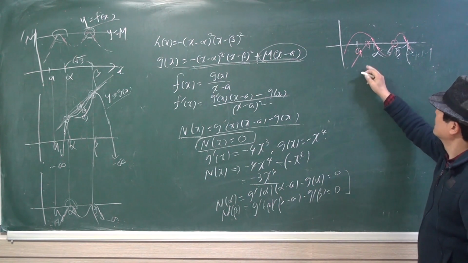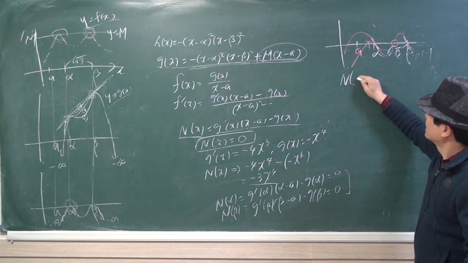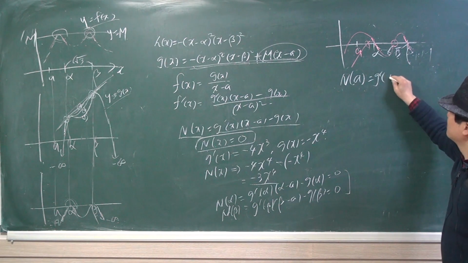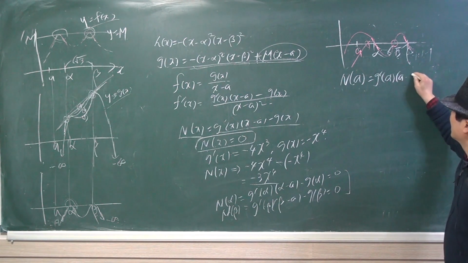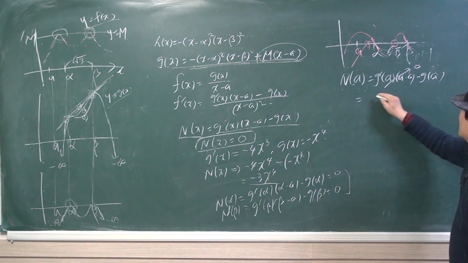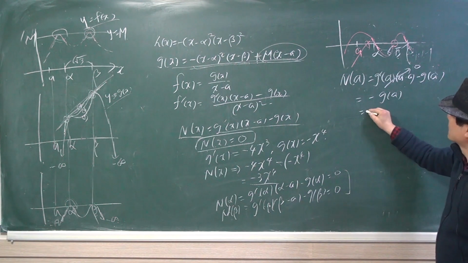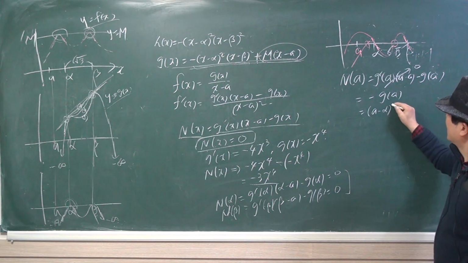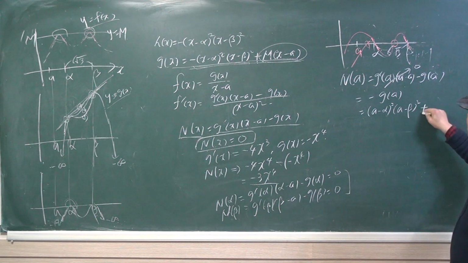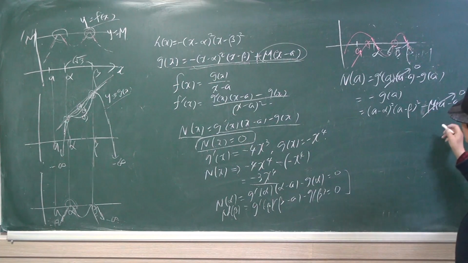we substitute a in n. n(a) is g'(a) times (a minus a) minus g(a), then minus g(a) is plus (a minus alpha) squared times (a minus beta) squared, minus n(a) minus a, but it is also 0.